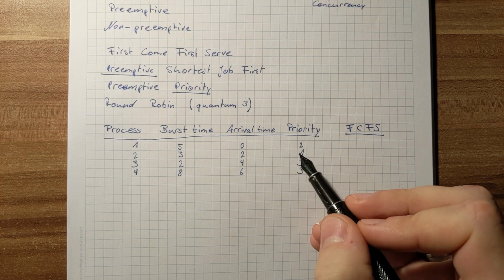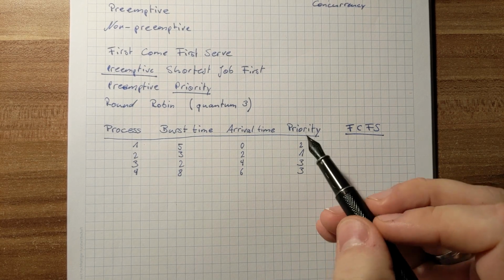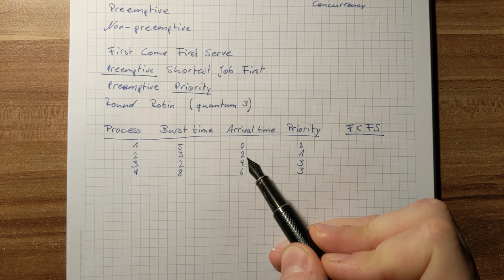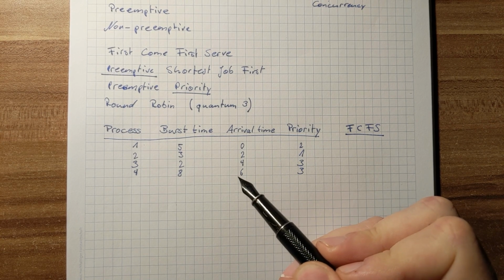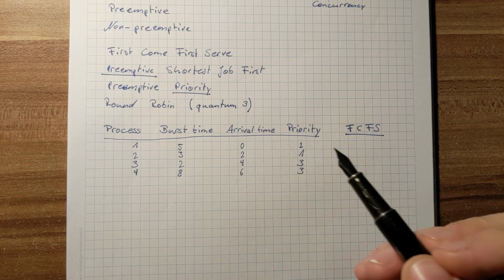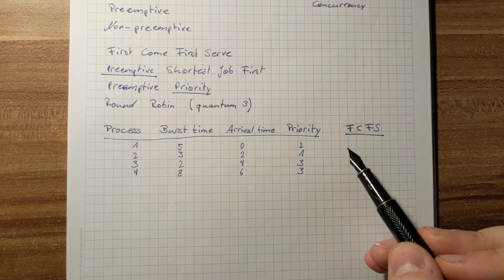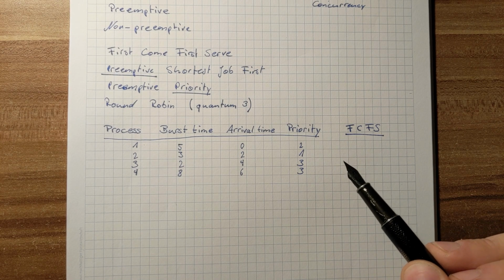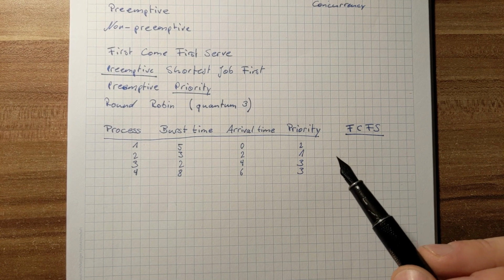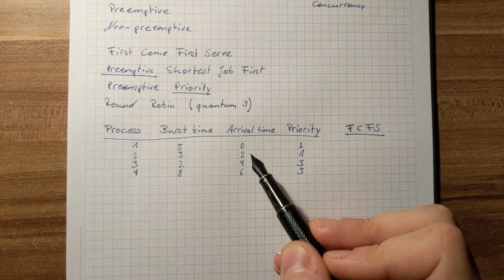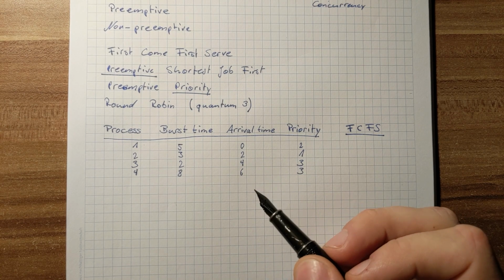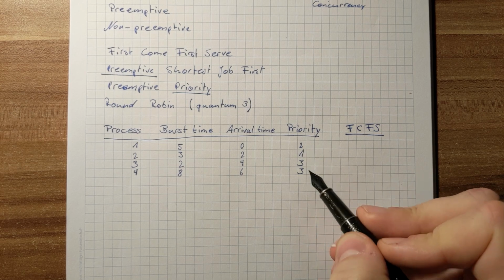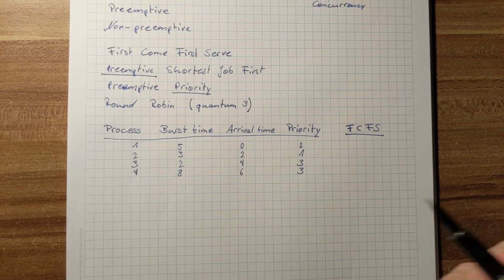The priority could come into play, for example, if 2 processes arrive at the exact same time, because then you need a secondary algorithm which allows you to decide between 2 tasks that would otherwise have the exact same timing. As you can't run them at the same time, you need some secondary option to decide that. So for that you could use priority, for example, or the burst time, that depends.